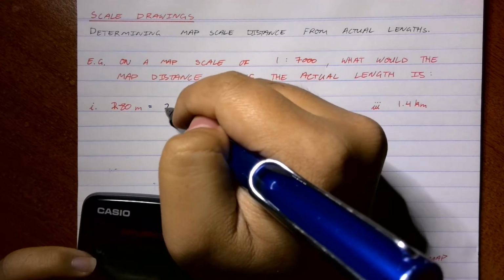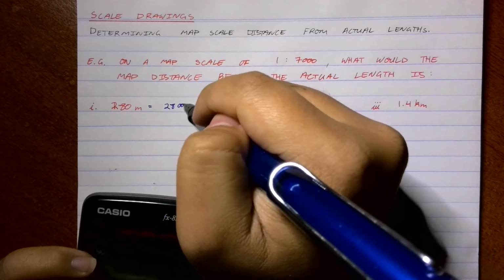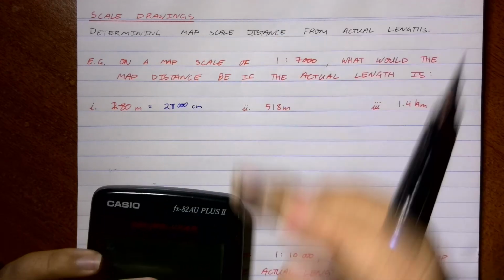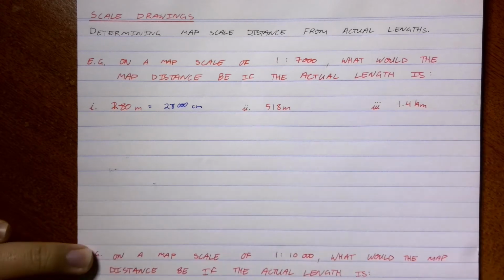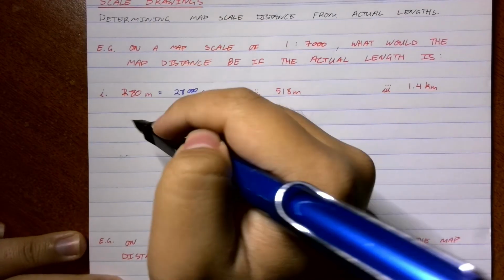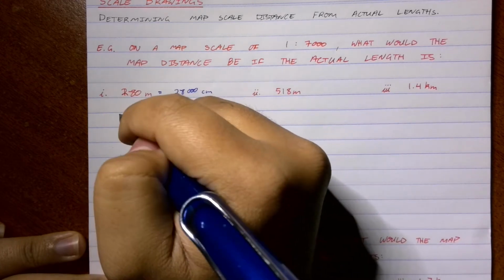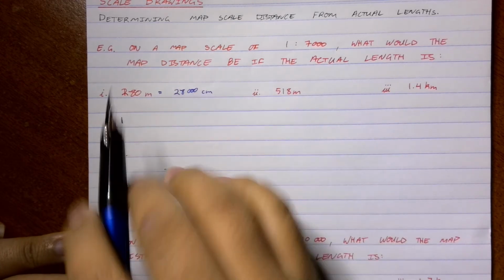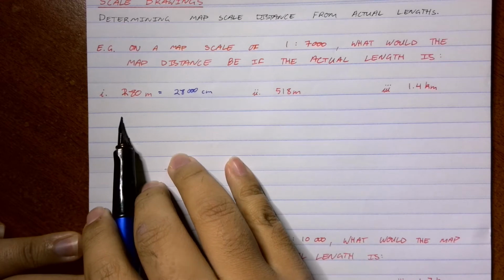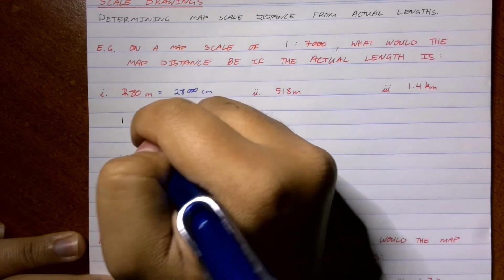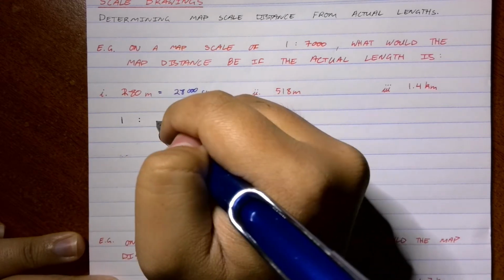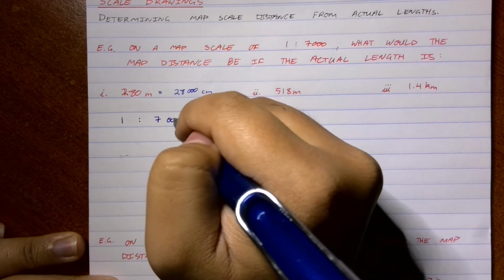So this is 28,000 centimeters. All right. So now we're going to work with our scale here. Remember the first number here is the map distance, and the second number is the actual distance, 7,000.